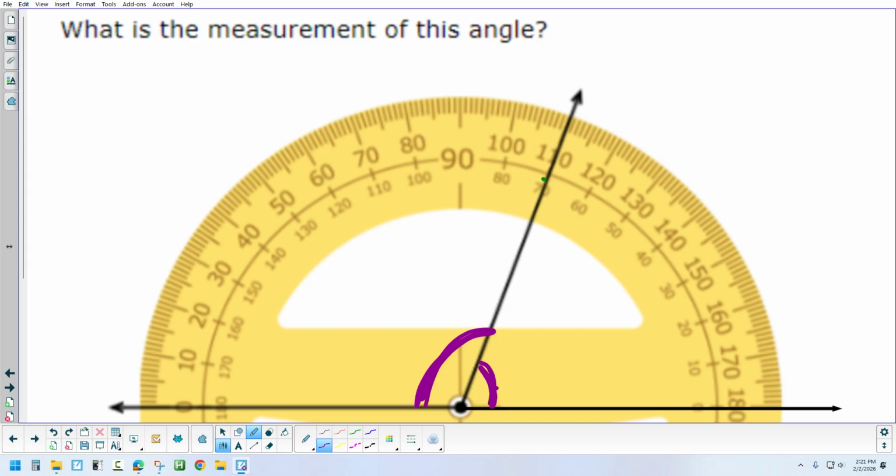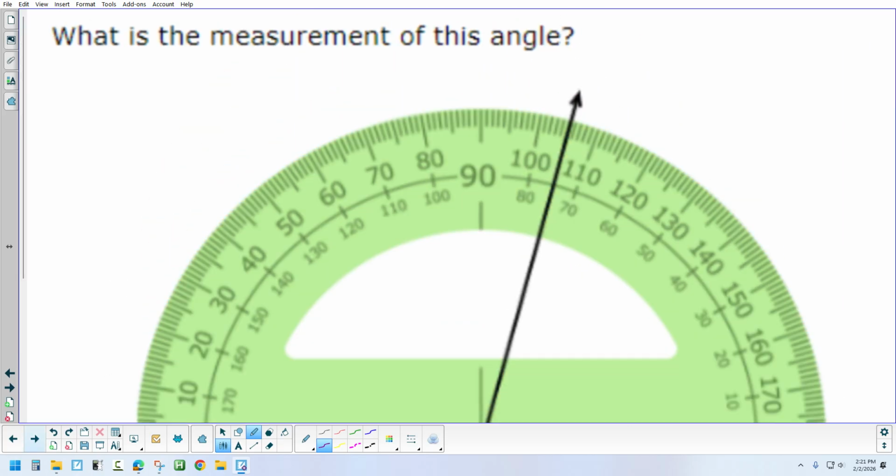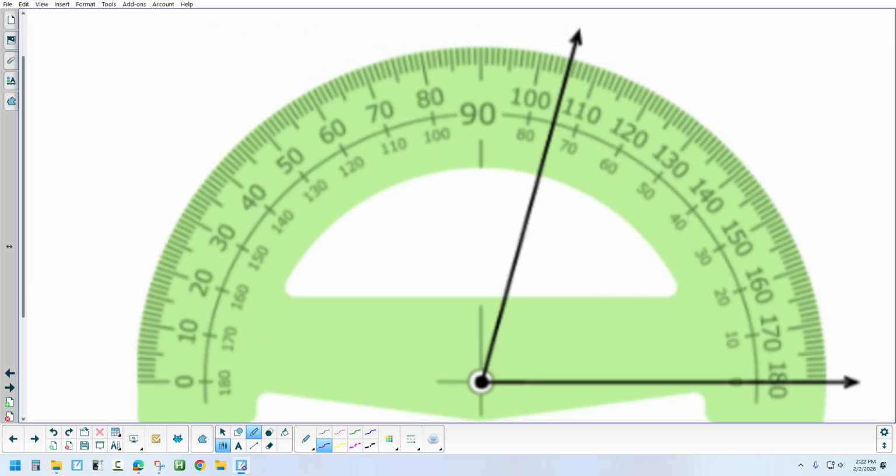Okay. So this angle was 110. How about this angle? Looks like it is the same. Yep. So which scale would we read here? The outer numbers or the inner? Yeah, the inner numbers, because we want an answer smaller than 90.